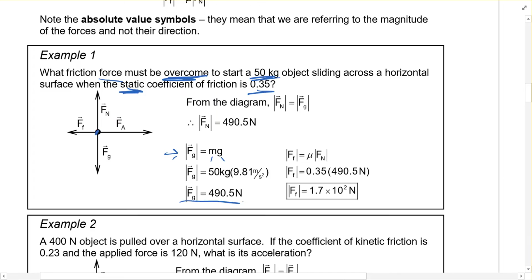I'm going to get 490.5 newtons. I know this thing isn't accelerating into the ground or up into the air, so I know that the normal force is equal to that, right? So it's going to be the same. So now that I know the normal force, all we've got to do is plug it into our new formula. The force of friction is equal to mu times the normal force, so it's going to be 0.35 times our normal force, which is 1.7 times 10 to the 2 newtons.